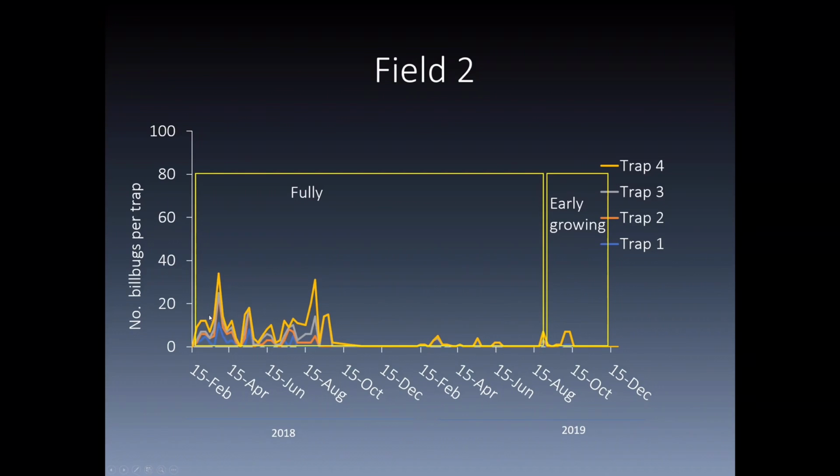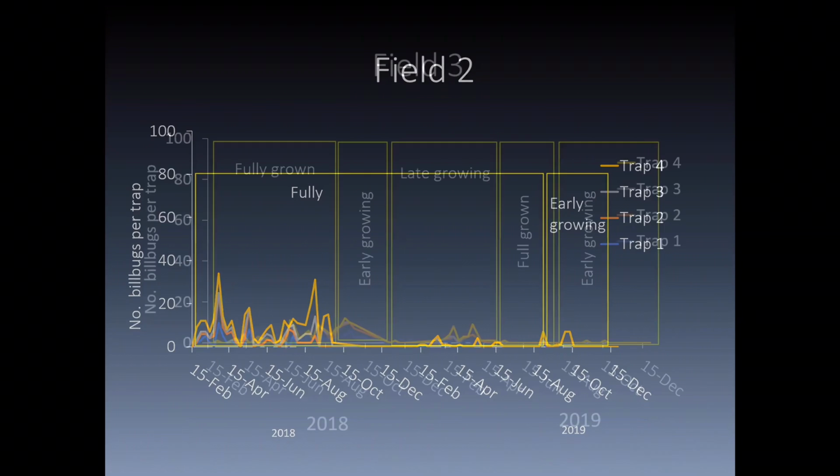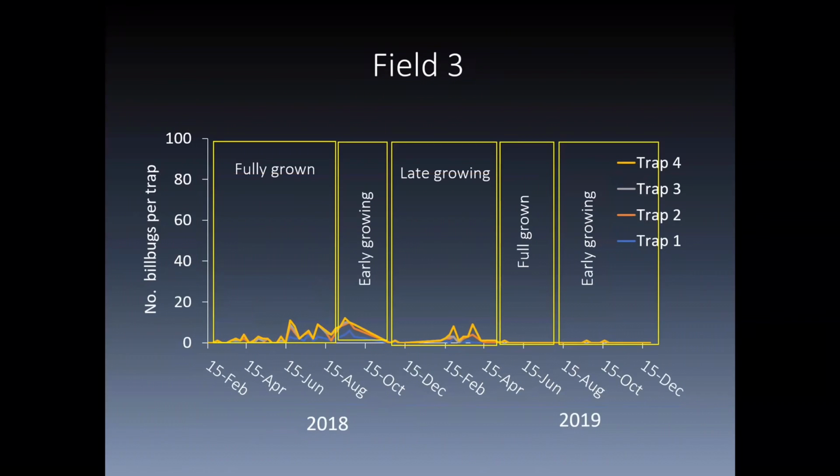Again, field-to-field variability in numbers is there, but within that field the peak and the activity are higher when the grass is fully grown. This is another field. Again, the numbers are very low in that field, but you still see some activity in the grass. There is a lot of greenness in the field.